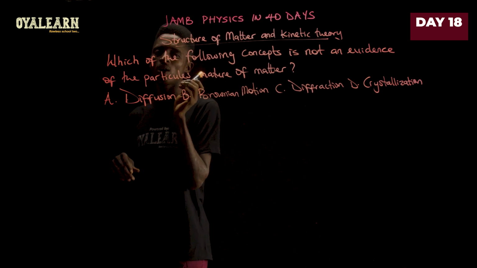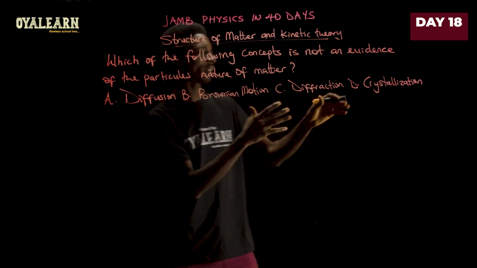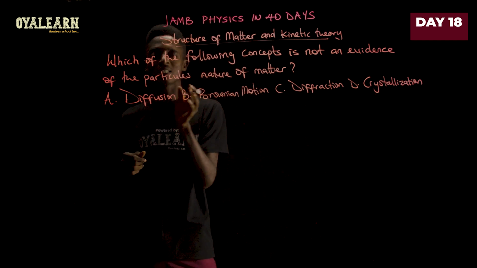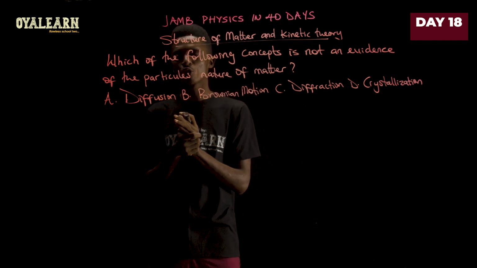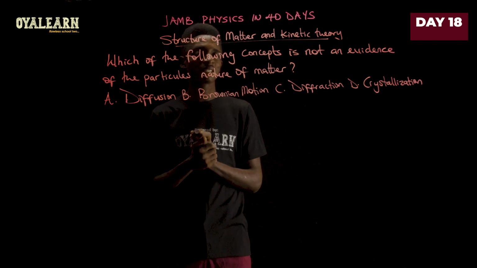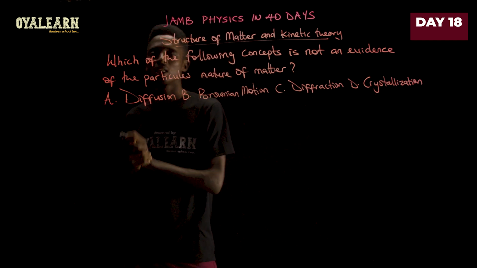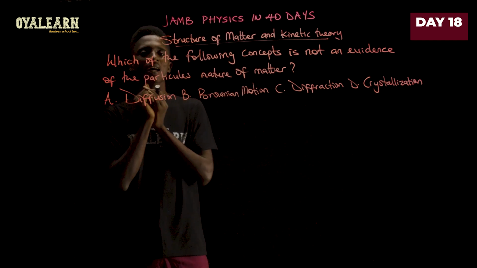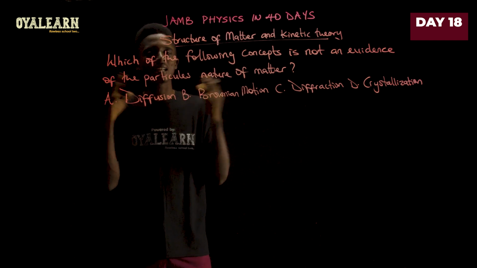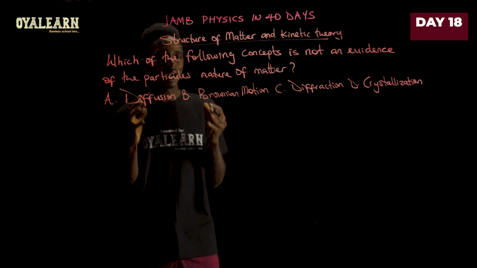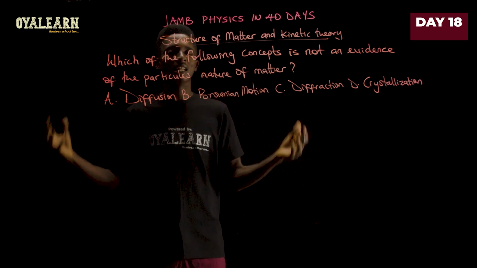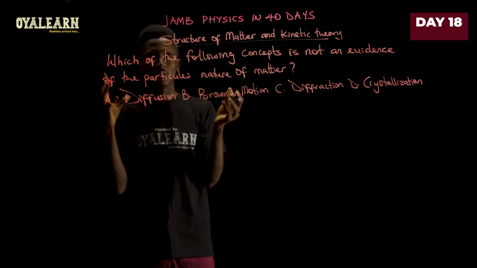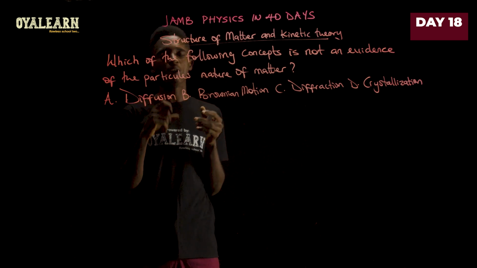Now, in this case, we have 4 different things to pick from. Which one of them does not give evidence of the particulate nature of matter? That is, which of them does not explain that matter consists of tiny particles called molecules? Now, when we consider diffusion, that is when a particular substance spreads out from the region of higher concentration to the region of lesser concentration, like in the case of perfume, the spreading out of your perfume when you spray it at one point.